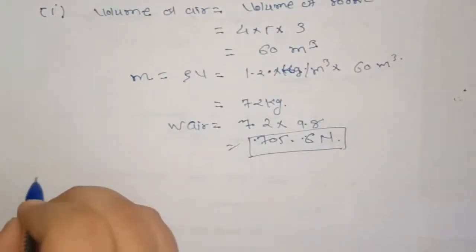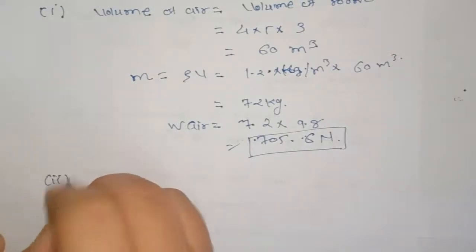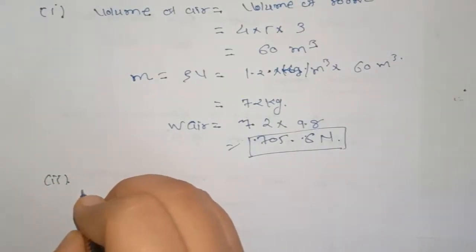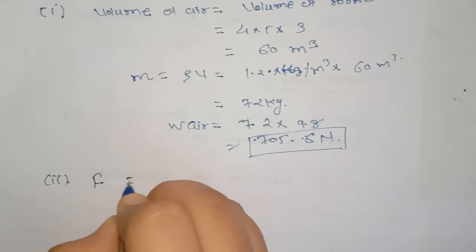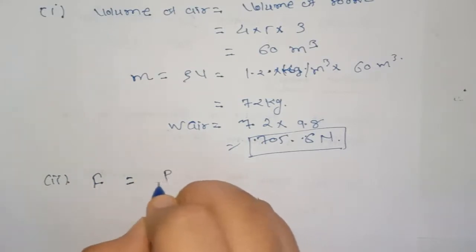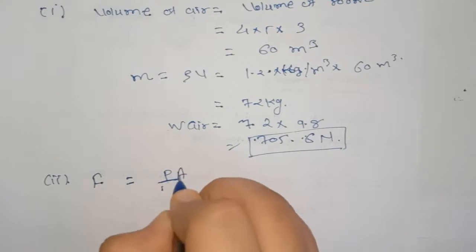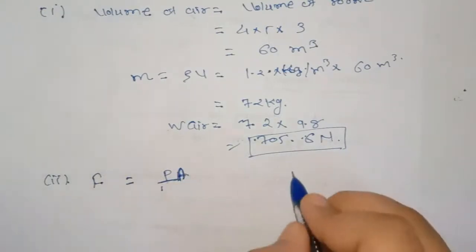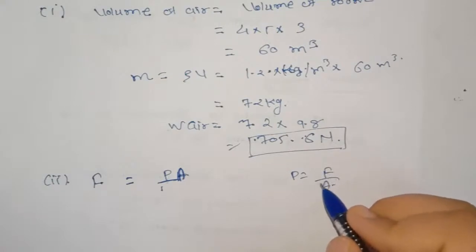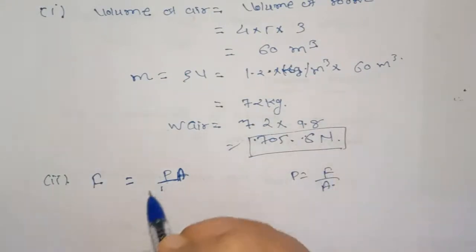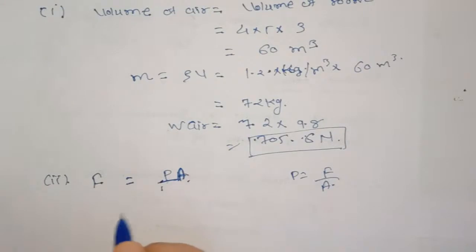Now we want to find the downward force F, that will be equal to pressure into area. As we know that pressure is equals to force upon area, so downward force due to air pressure will be equal to pressure into area.